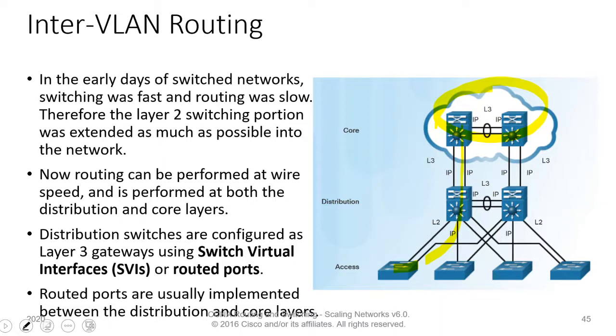But these days the switches that we have can do routing functionalities at higher communication speeds. So these devices can themselves be configured as layer 3 gateways so that they can do some form of routing, either using switch virtual interfaces, or SVIs, or using routed ports.